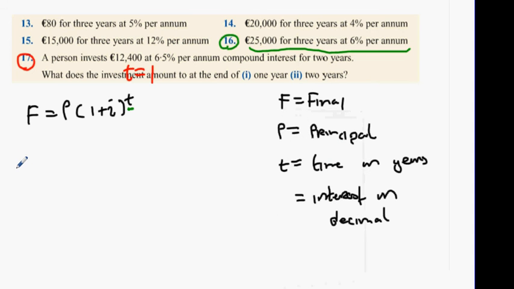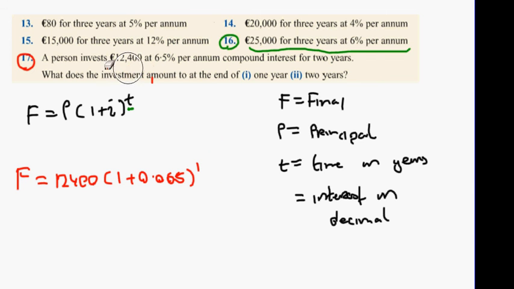F equals 12,400 multiplied by, anybody? 1 plus 0.065 to the power of 1. It's power 1 starting off because it's 1 year. Oh, I was looking at the top years where it says interest for 2 years. Oh, I get what you're saying, yeah.